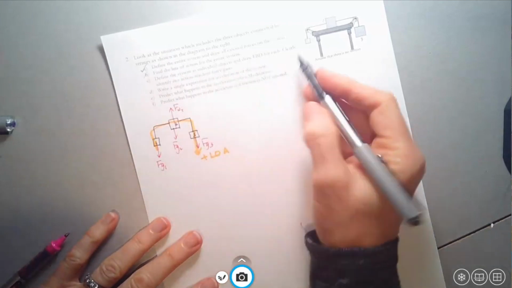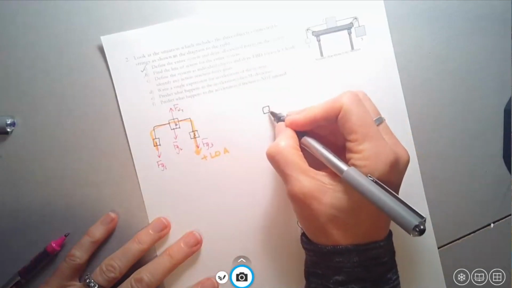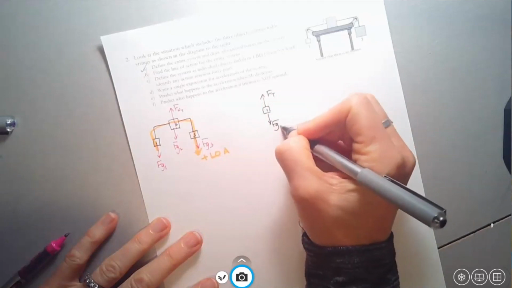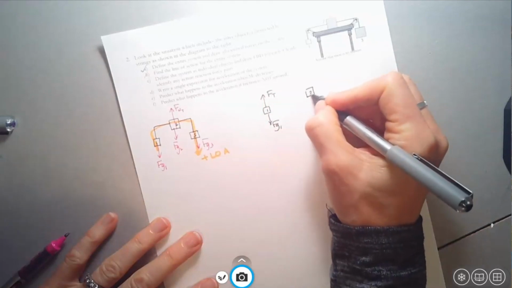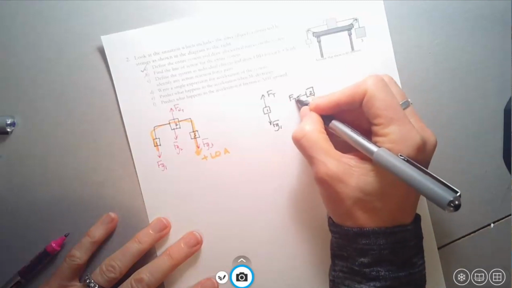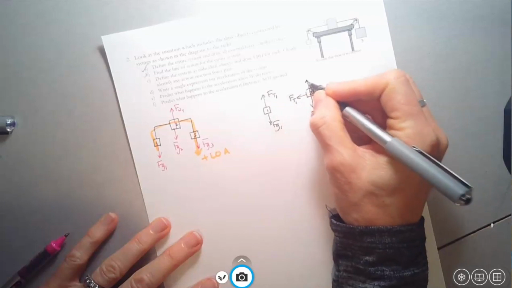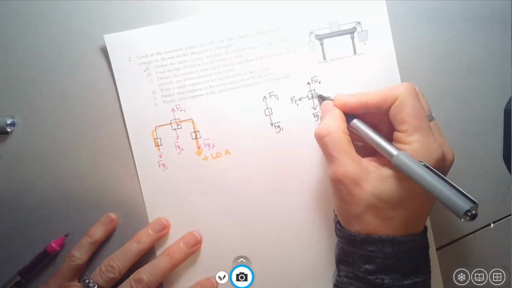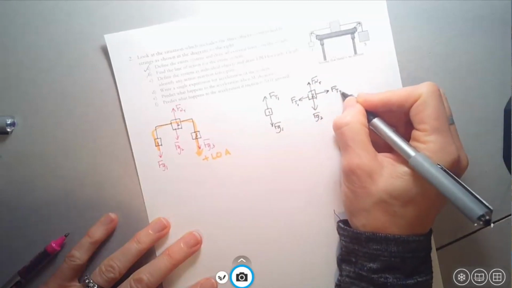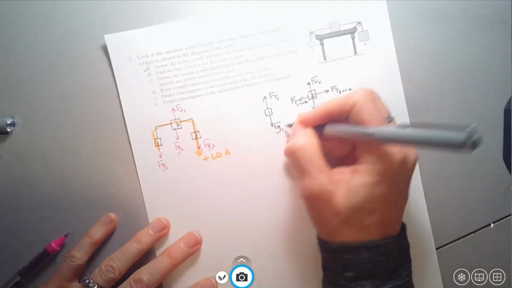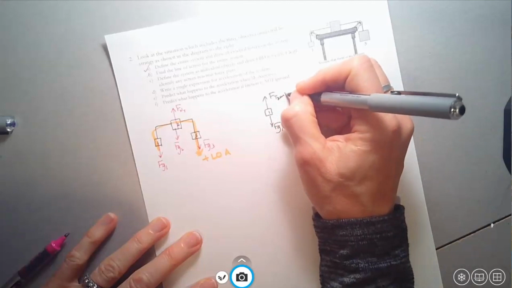So we did that. Now define the system as individual objects. Here's 1, we would have tension and weight 1. This one would have Ft, let's call this Ft1, Fg2, Fn table, and this would be Ft3. We call it 3 on 2, 1 on 2. This is 2 on 1.